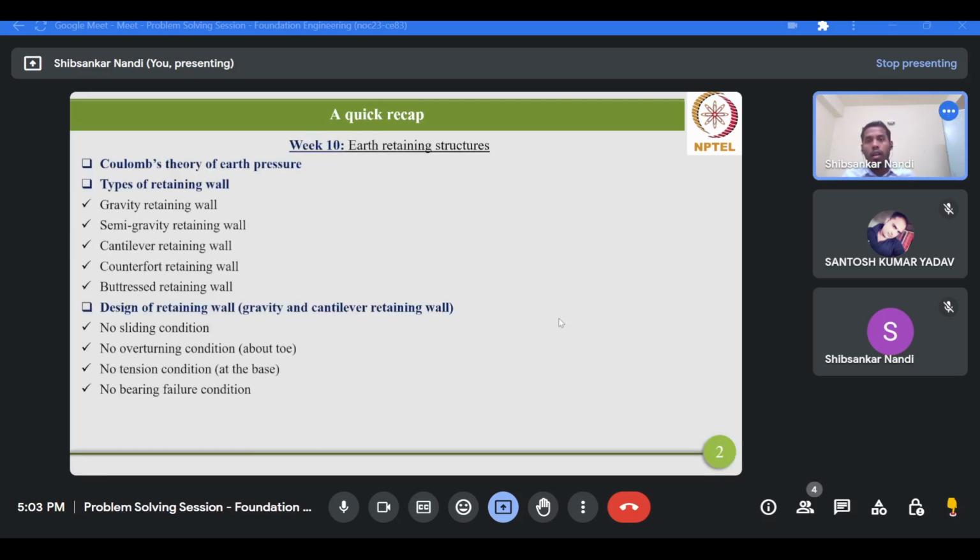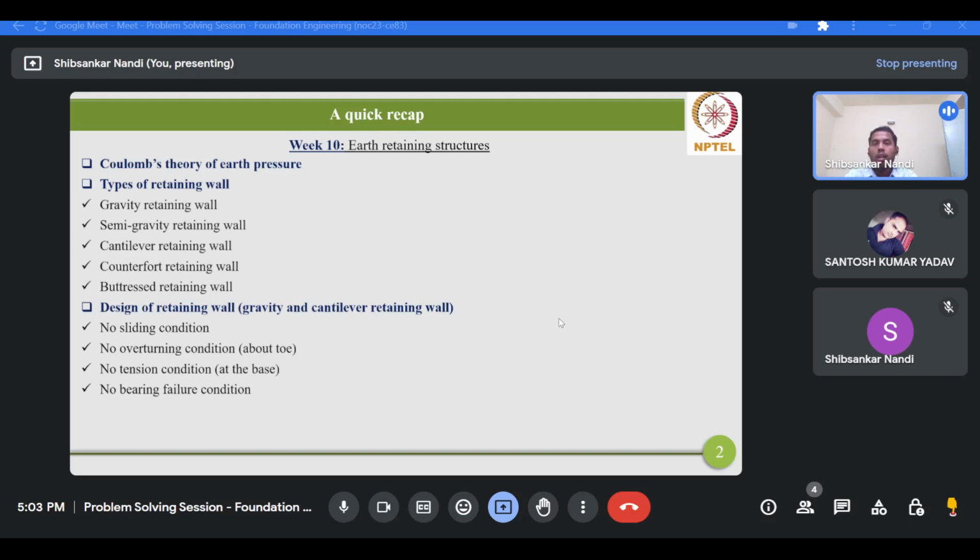First we'll have a quick recap of the topics which we have learned this week. As you know, in the last week we mostly discussed the calculation of lateral earth pressure based on Rankine's earth pressure theory.